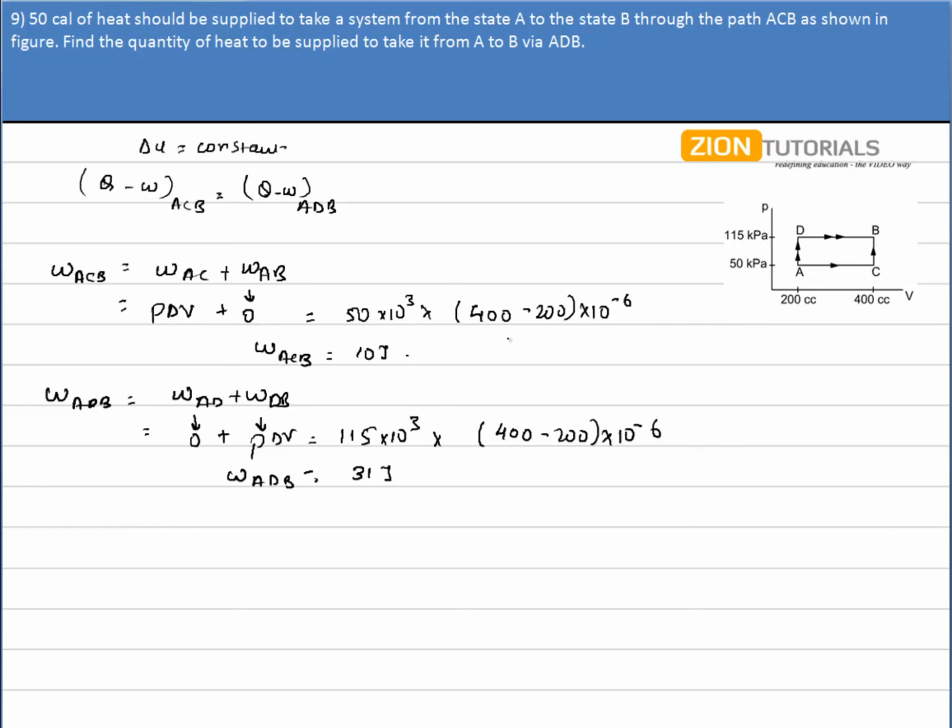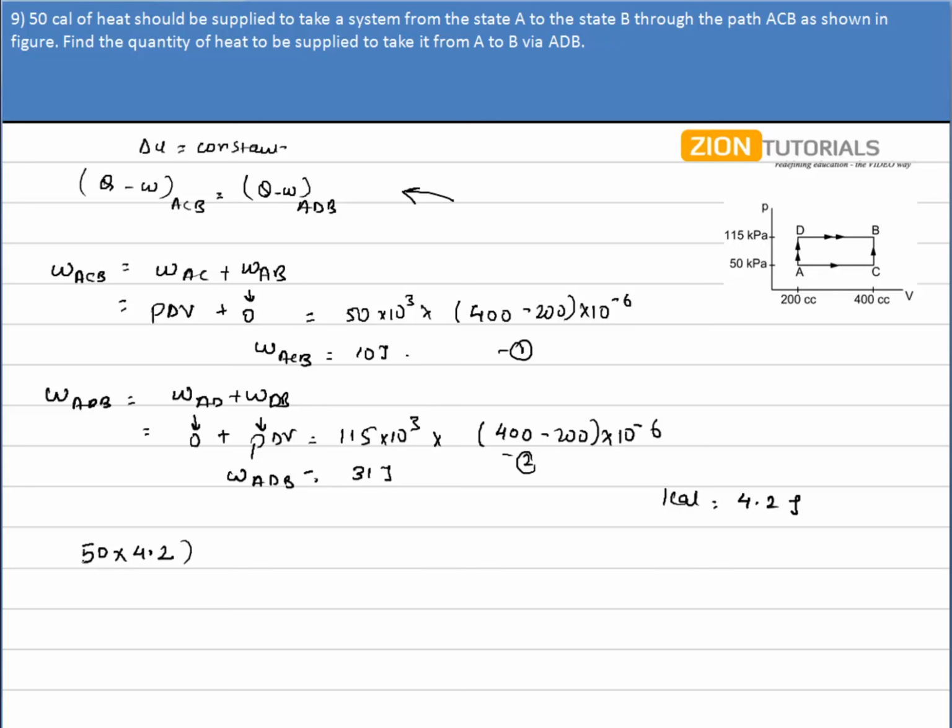Now substituting these both values from 1 and 2 to this equation, that is Q during the path ACB is given as 50 calorie. Now this 50 calorie when converted into joules is 50 into 4.2 because 1 calorie is equal to 4.2 joules.